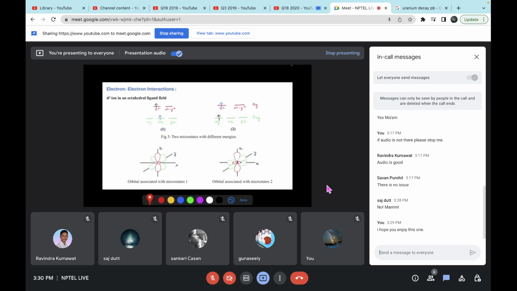So let's take one simple example of a d2 ion in an octahedral ligand field.